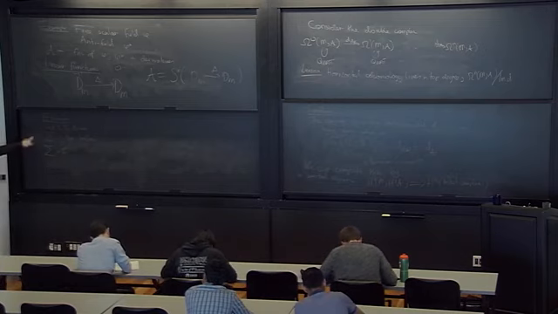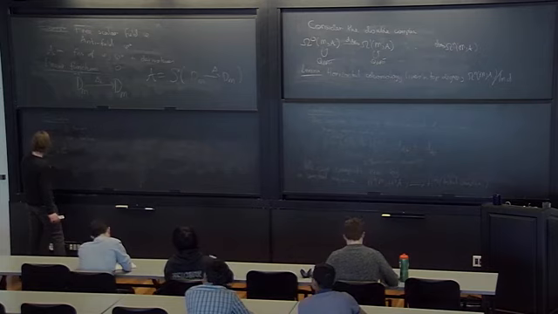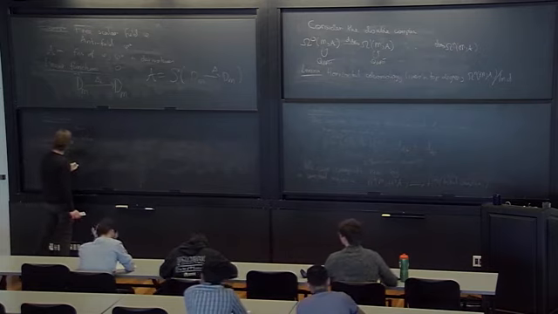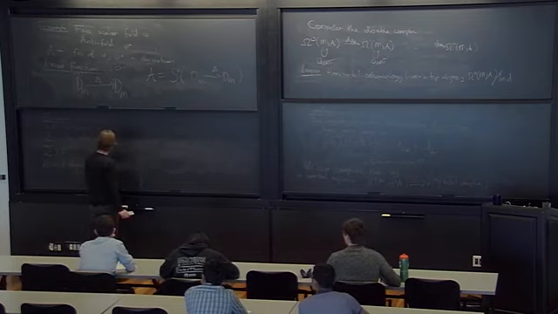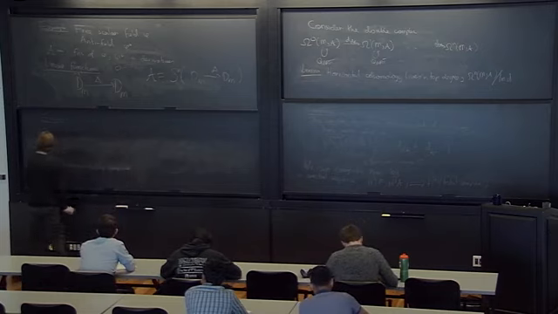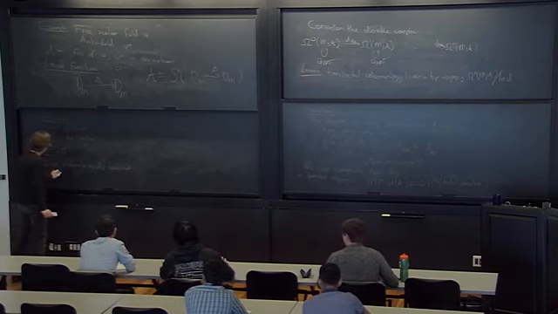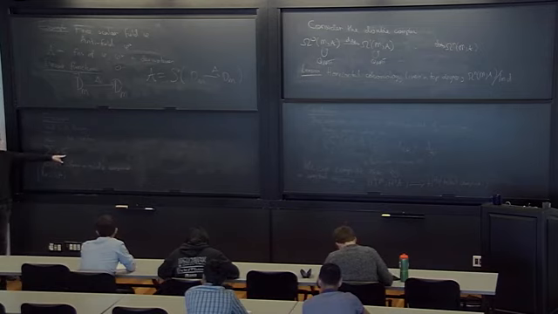We have a theory on sigma cross C. The field is A, a one-form with no dz component. And the Lagrangian is the integral of dz times the Chern-Simons action. Z is a coordinate on this space here.